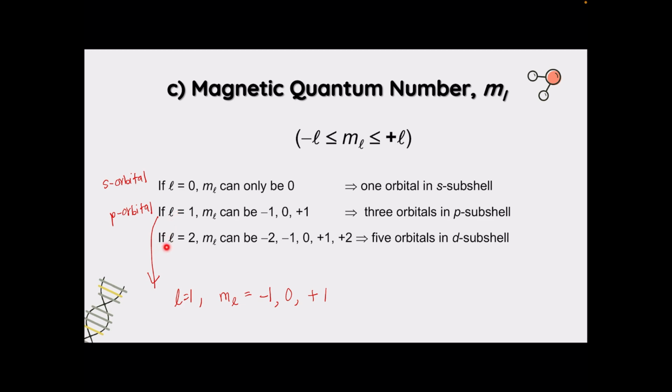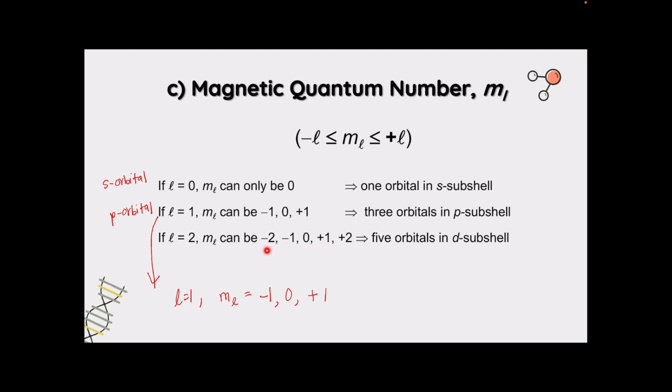Okay, and if L equals to 2, ML can take the value from -2 until +2. So now, list down what numbers are involved from -2 until +2. It is -2, -1, 0, +1, +2. Okay, so this is just mathematical order.